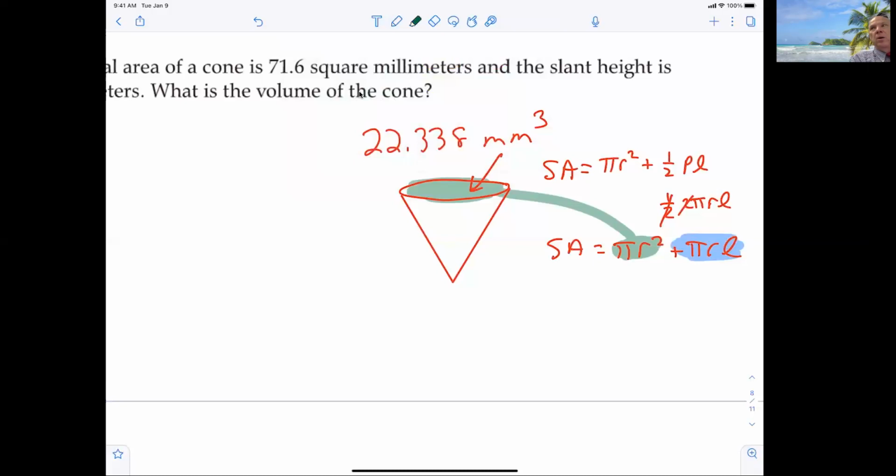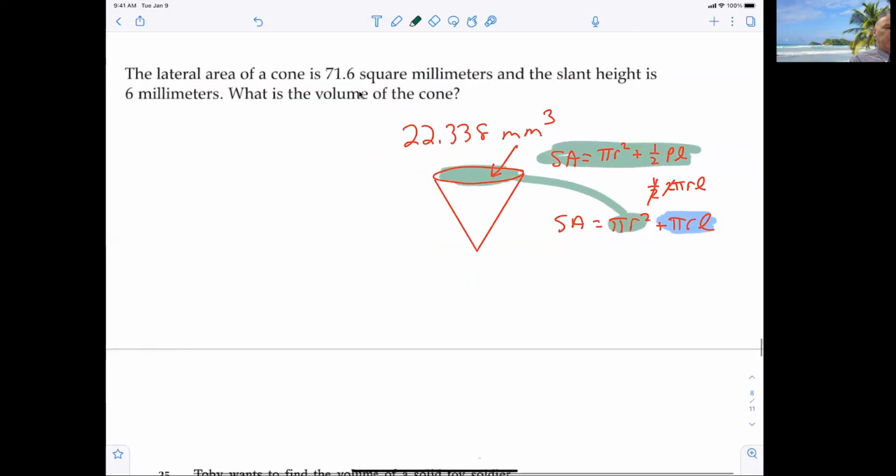But I don't mind reviewing because I think it's instructional here how to calculate that. 1/2 perimeter times the slant height is the lateral area of a pyramid.